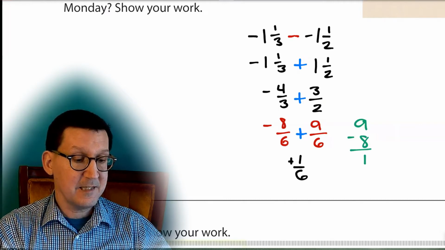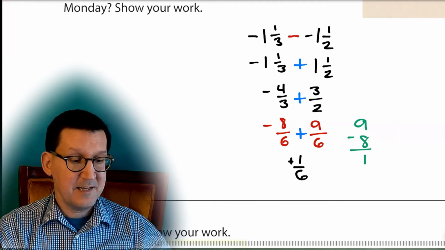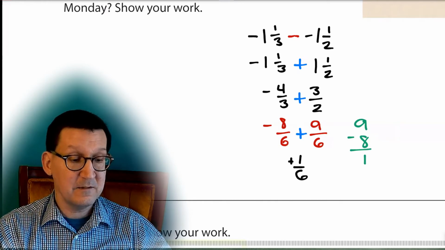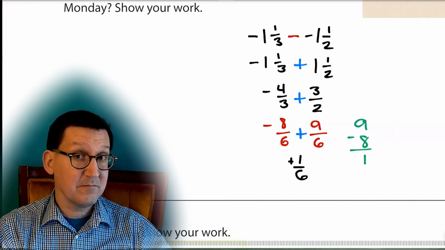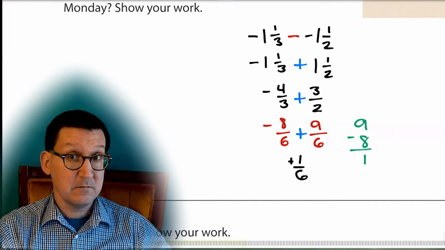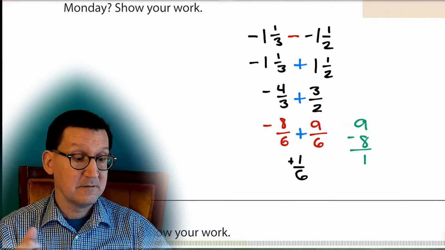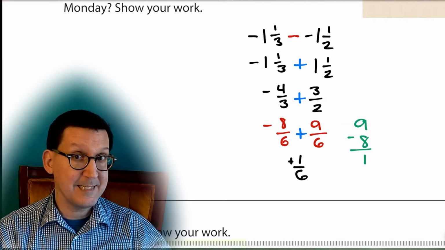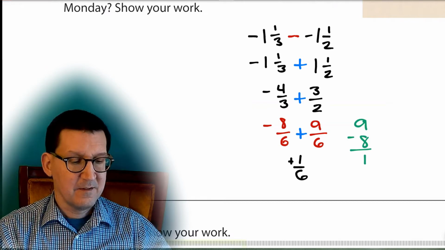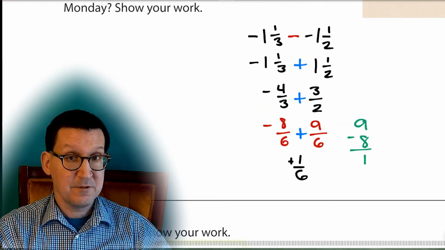So now we have negative 8/6 plus 9/6. And if we have negative 8/6 plus 9/6, well, how would you find that? Well, negative 8 plus 9 is the same thing as 9 minus 8, right? 9 minus 8 is 1. So if you have negative 8/6, you add 9/6 to it, that'll get you on the positive side by 1/6, right? In other words, you can subtract these two numbers, 9 minus 8.